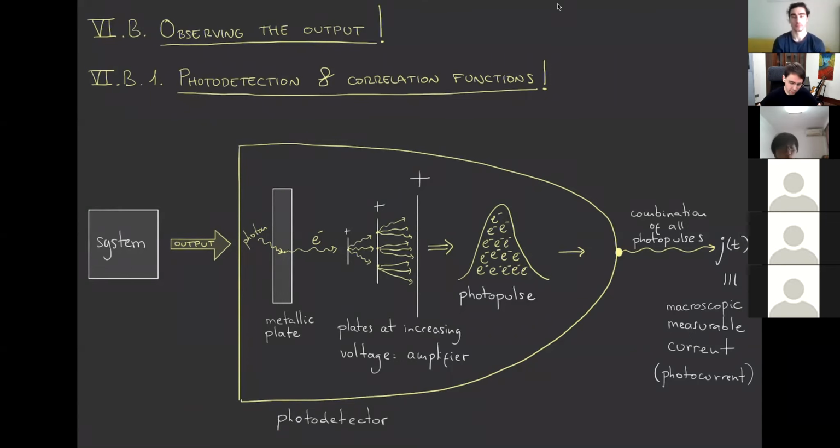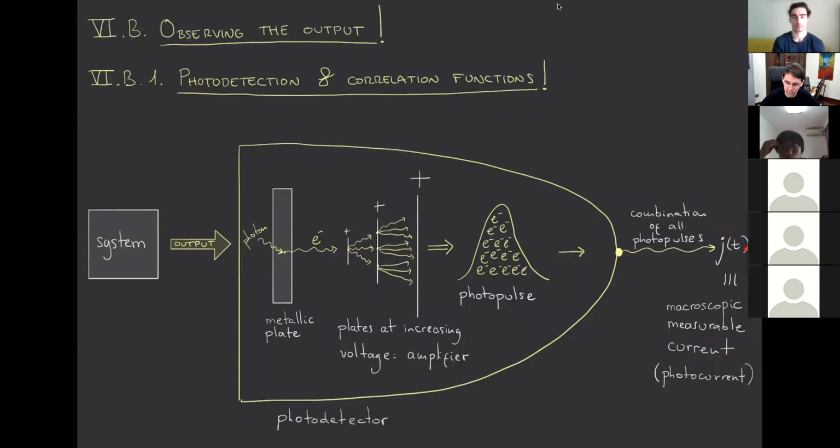As a summary, the most important thing for you to remember is that the system radiates output light. And now what you do is use a photodetector that essentially turns this light that comes out of the system into a macroscopic and measurable current that we call photocurrent, okay?